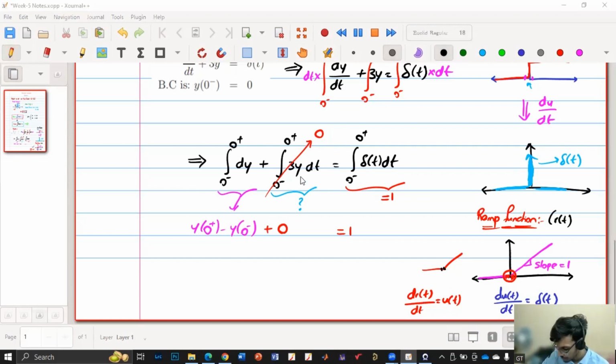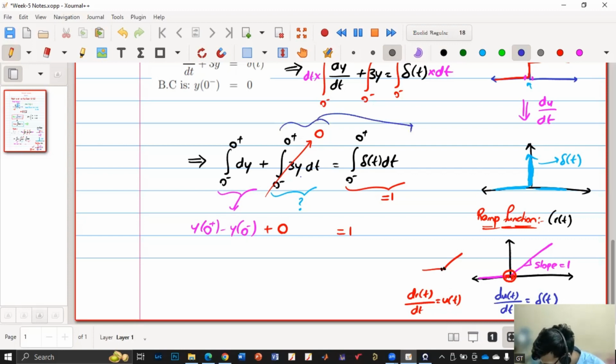So basically what we are trying to say is, the integral of y(t) is some y1(t).